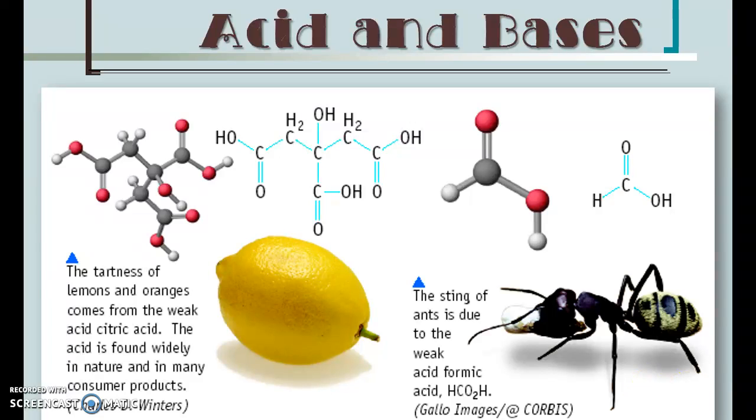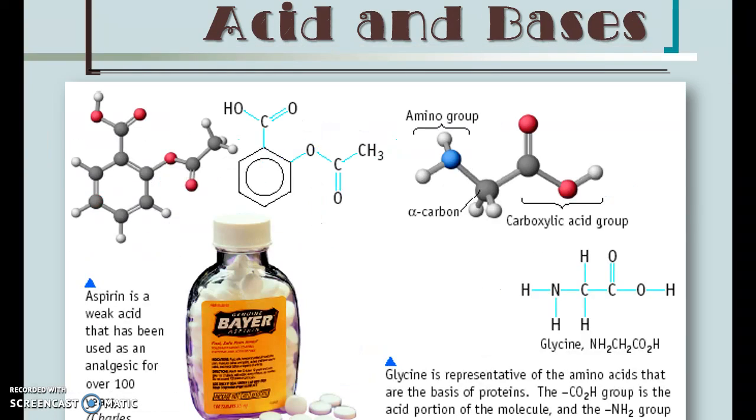And then another acid that is weak is going to be formic acid, and so that is usually that sting that you feel, the little bit of poison that's put inside of you from something like an ant bite. Aspirin, which most of you probably don't take, but it certainly has its benefits to one's health, especially heart health. It is also a weak acid.